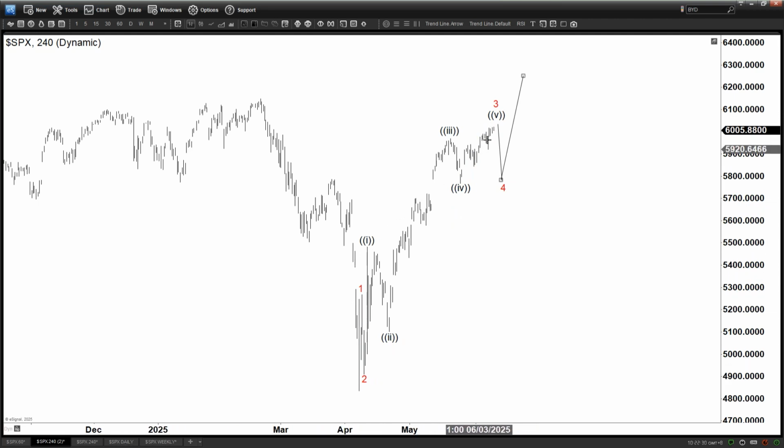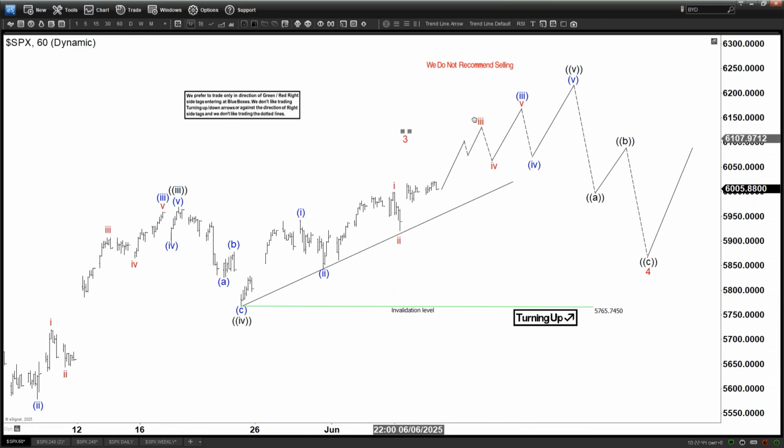So that means we do favor a completed 5 waves from here, and therefore we're looking for a pullback and then another leg up. Now, in the shorter cycle though, as I've been mentioning, this wave 3 should be getting near. Don't just look at the 1 hour and think everything has to move according to all the lines here and all the levels have to be exact.